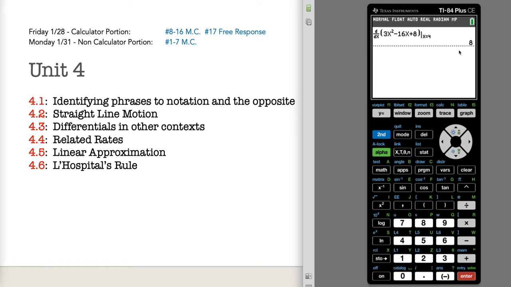And like I said, this is efficient if you're only being asked a single question and you need to know nothing more from there. In terms of work on the test, this is basically what you're going to have to put. On the test, I'll need to know what you tried to do to get the answer.